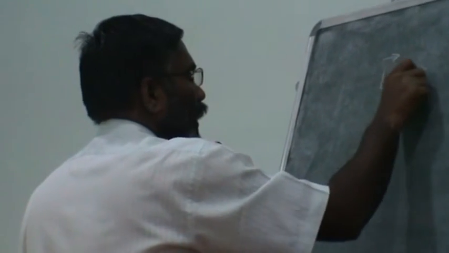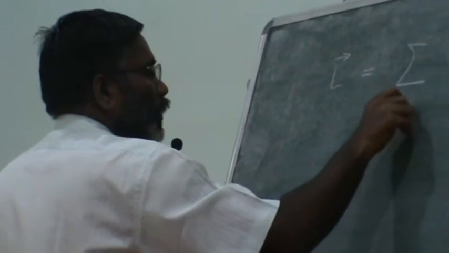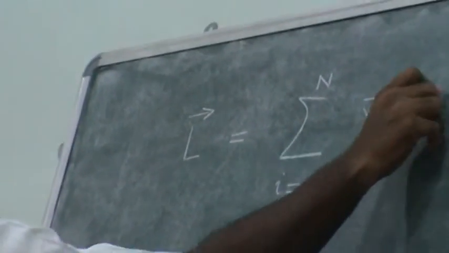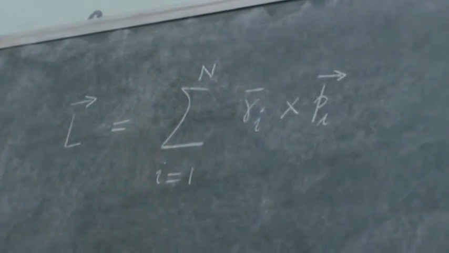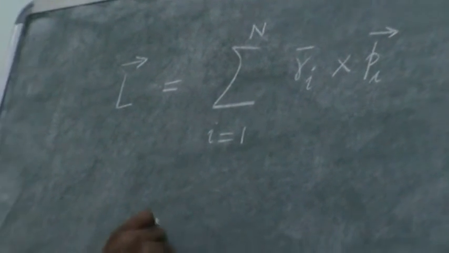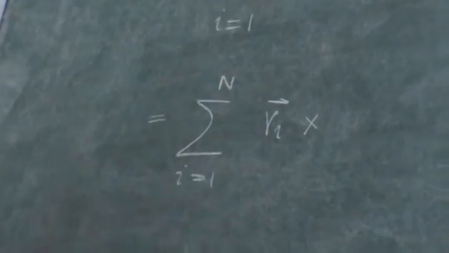Okay, so you can write down the angular momentum vector as, if you have a set of particles, i equal to 1 to n number of particles, then the sum of Ri cross Pi. These are the angular momenta, and you can write this as the sum over i equal to 1 to n of Ri cross Pi.